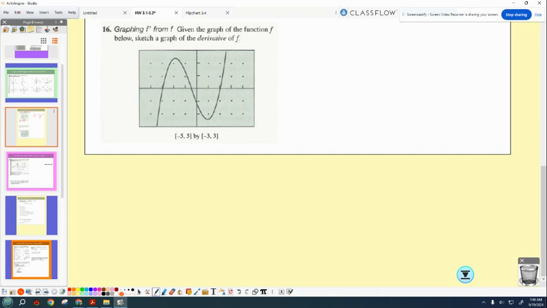There are shades of correct answers. So what are cues that we should look at? To graph the derivative, what are some things to look for? I'll draw it on the same axis.